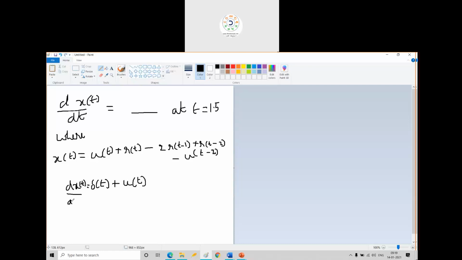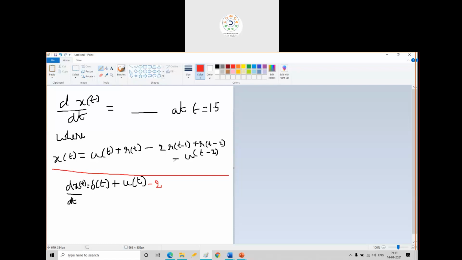Let me take a different color. This is the question above and below is the answer. So let us start writing. r of t has become u of t, then minus 2 times r of t minus 1. Again that is a ramp function that will start from 1 onwards.